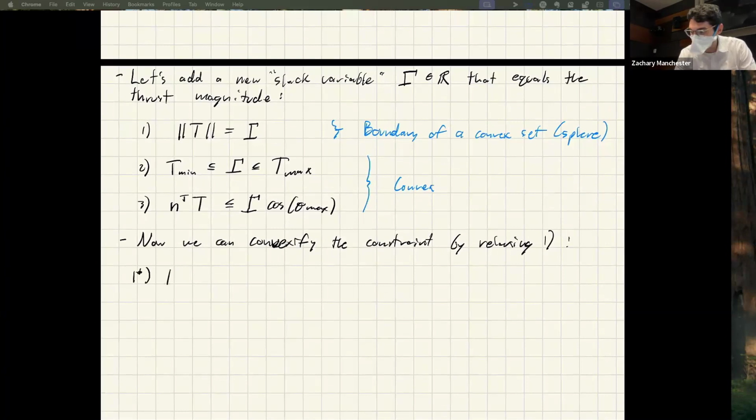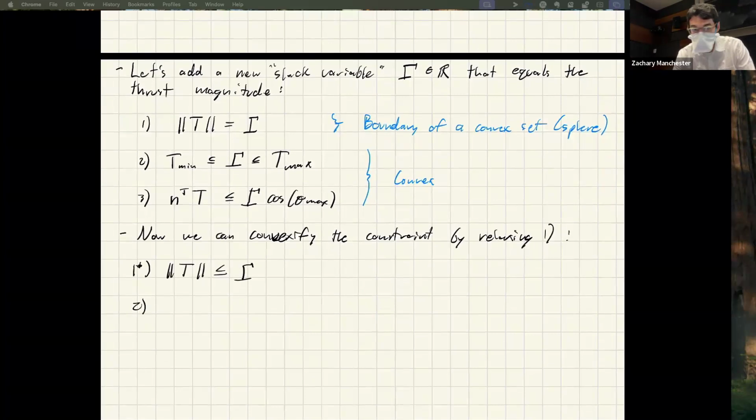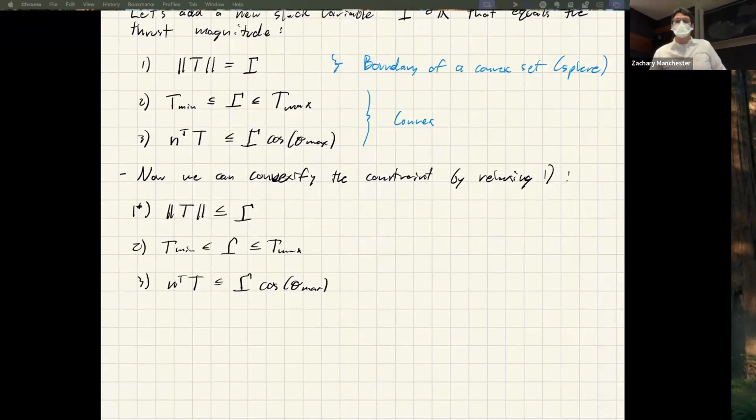And all we're going to do is literally take that thing we had before and make it less than or equal to gamma instead of equal to. Then the rest of it stays the same.